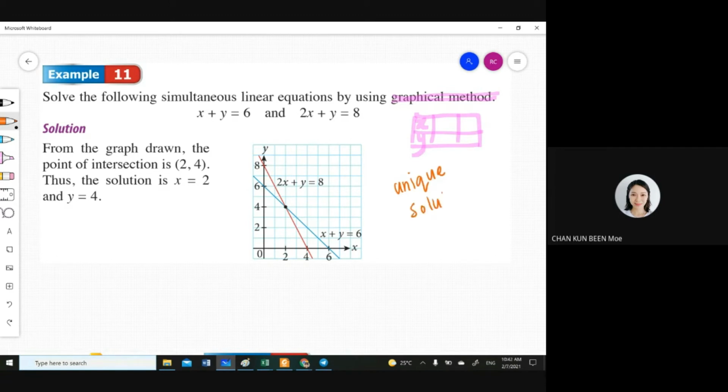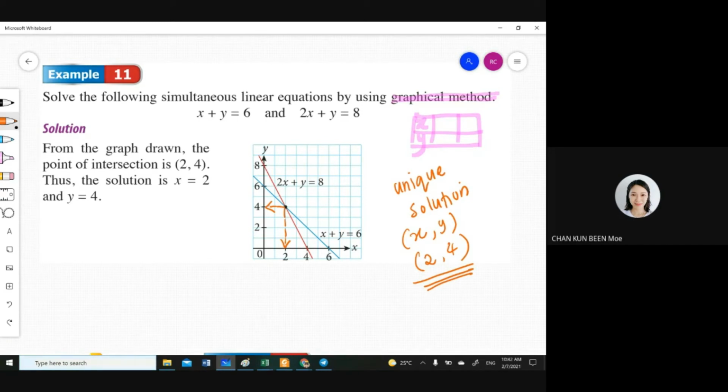Okay, what is the coordinate for this unique solution? Can you read me the coordinate? 2, 4. Very good. We always start the coordinate with the x coordinate followed by y. So the x coordinate is 2. The y coordinate is 4. So the coordinate of the unique solution is 2, 4.